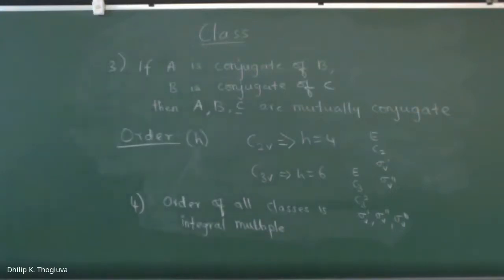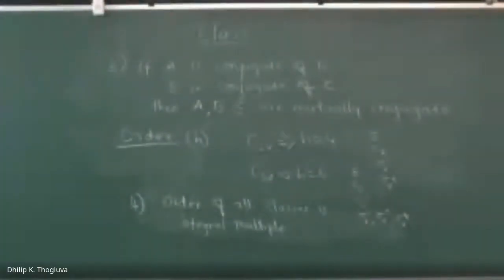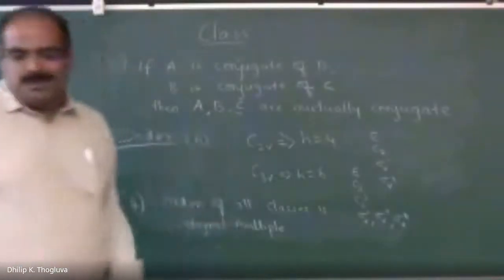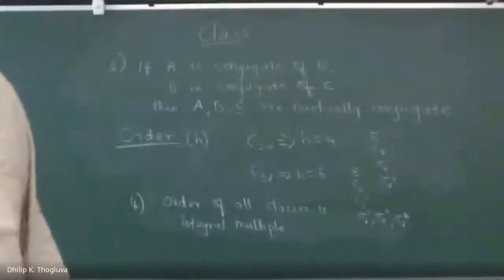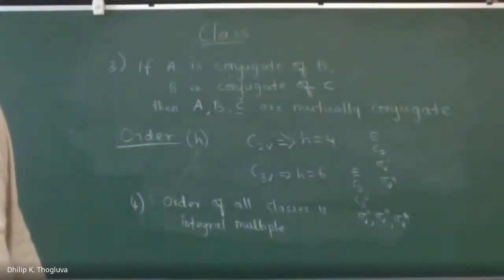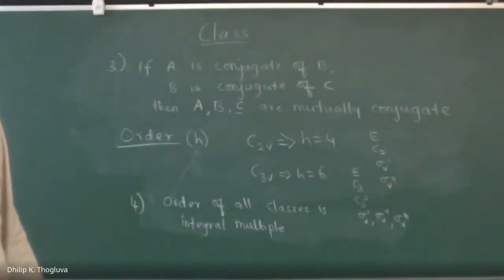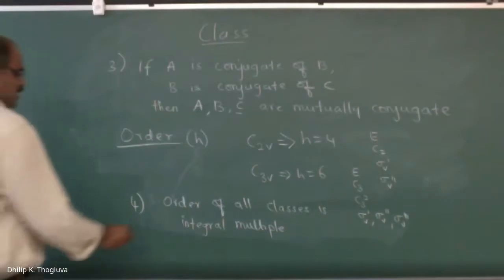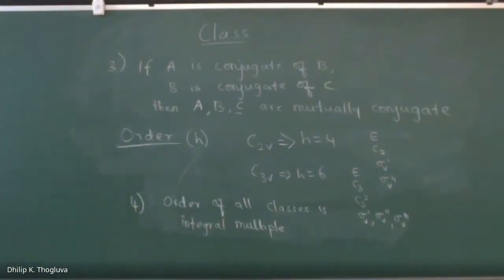In a group there could be two classes like that. So it will be an integral multiple; it cannot be a fraction. We'll see some examples once I explain how you find the order for, say, the C3v or C2v point group. So this is the fourth rule of classes: the order of all classes is an integral factor of the order of the group.